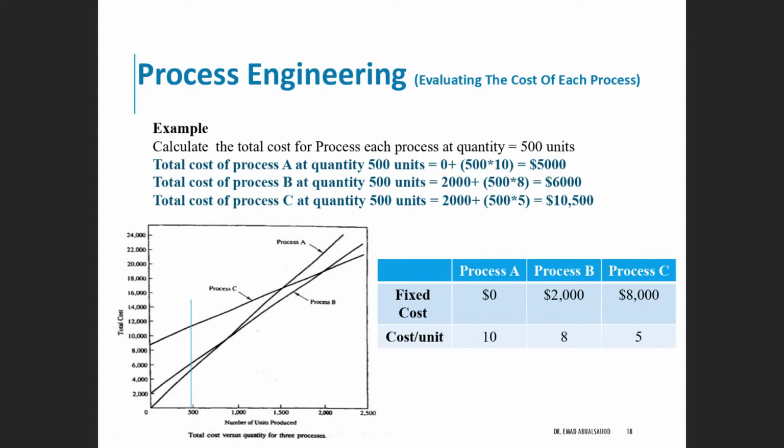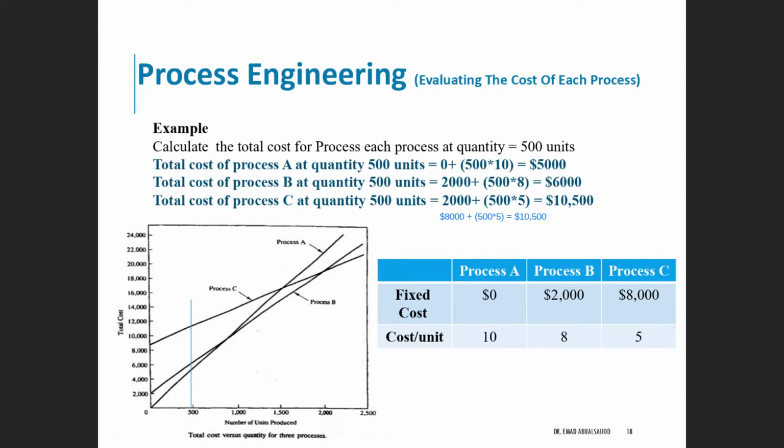500 times 5, that's equal to 10,500. Okay, so we see it here, it's fixed.